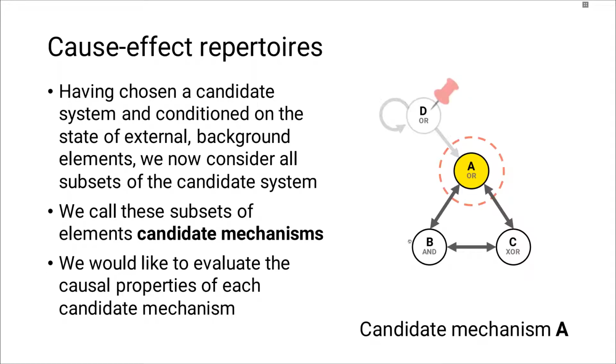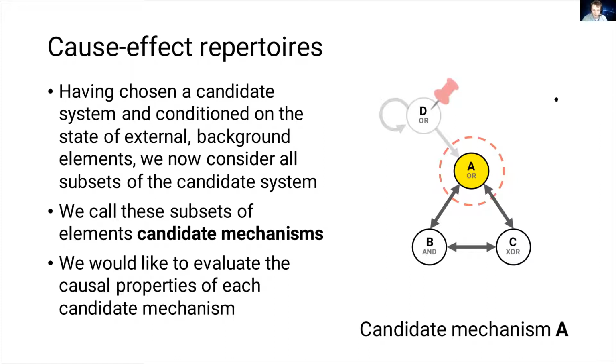So we've chosen some candidate system, and we are now looking at some subset of a candidate system, essentially all the elements that we haven't fixed as background conditions as part of that network. So we might want to know what the influence is of any of our potential candidate mechanisms.